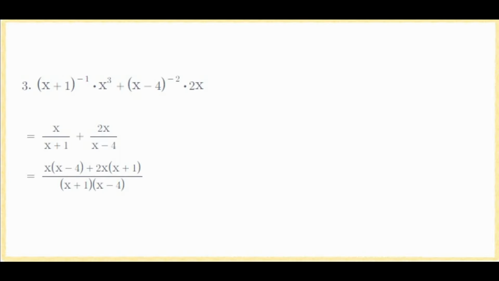So in this case, there's no common denominator between x plus 1 and x minus 4 except x plus 1 times x minus 4. So bringing the two fractions together, we have x times (x minus 4) plus 2x times (x plus 1) over (x plus 1) times (x minus 4).